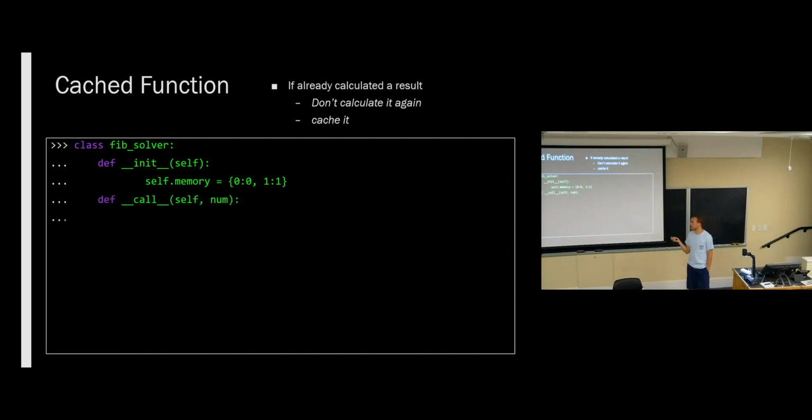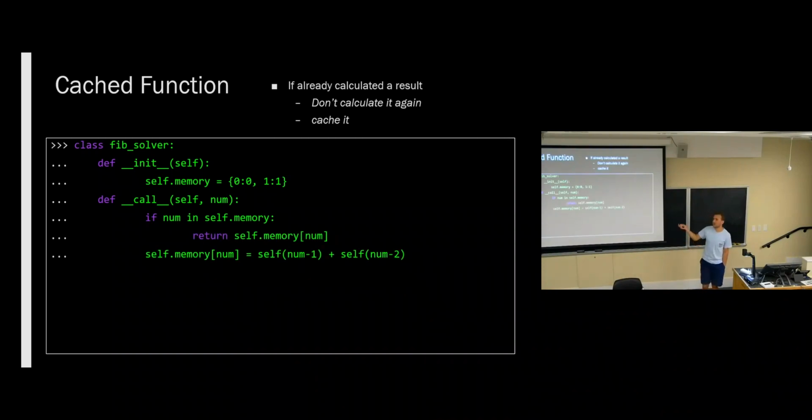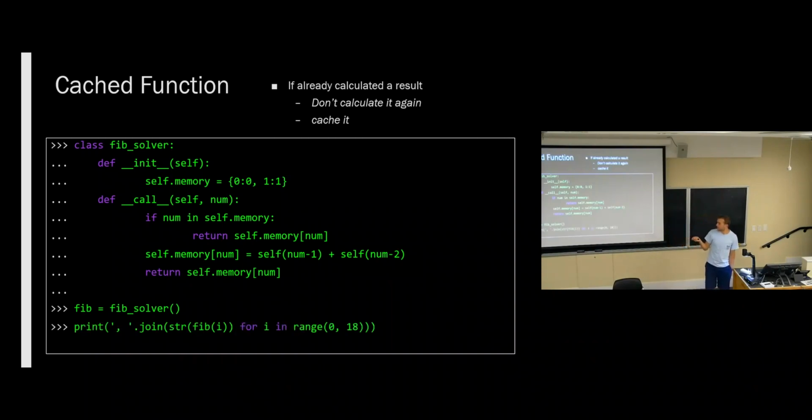Now in our call function, we're first going to check if this thing is in memory. Otherwise, we're going to actually compute the fib. So now if we make an instance of fibsolver, we call it fib, we can call fib just like it's a function, just like we had some Fibonacci function.